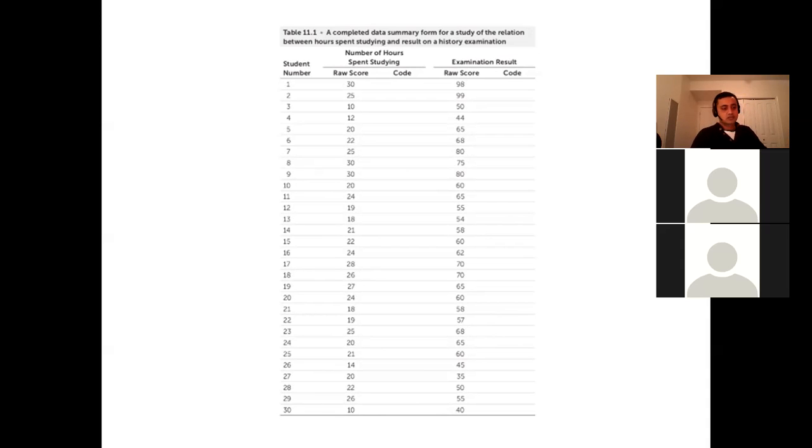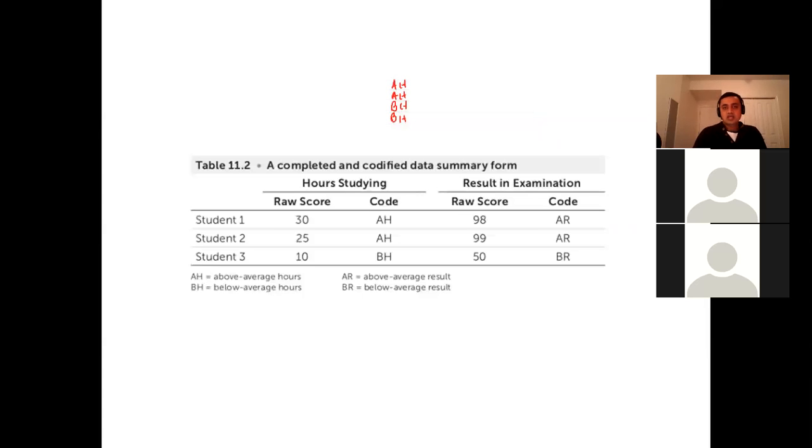Here's what you can do. If you have a data summary form like this, you can just go ahead and say, well, this is above average hours, this is above average hours, this is below average hours, this is below average hours, and you can do this for the entire sheet. This is just an example of how they've coded per student, just like we spoke.